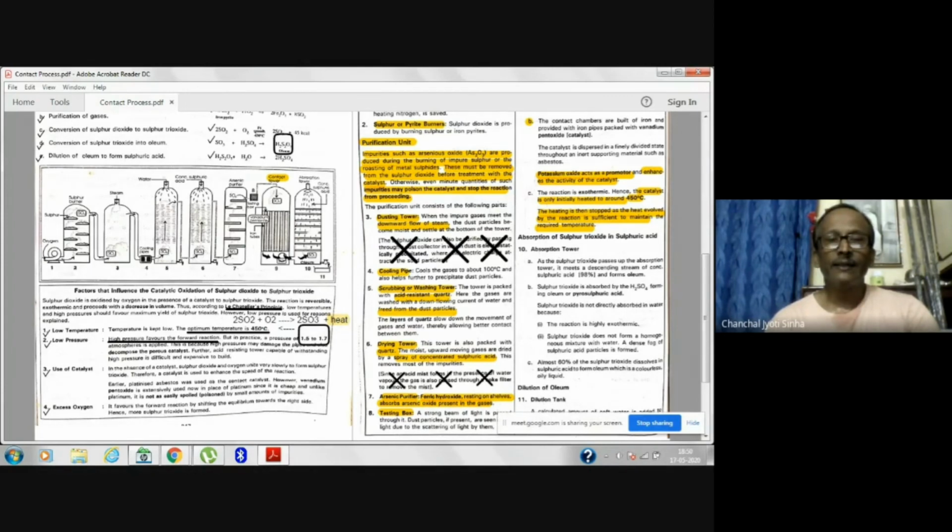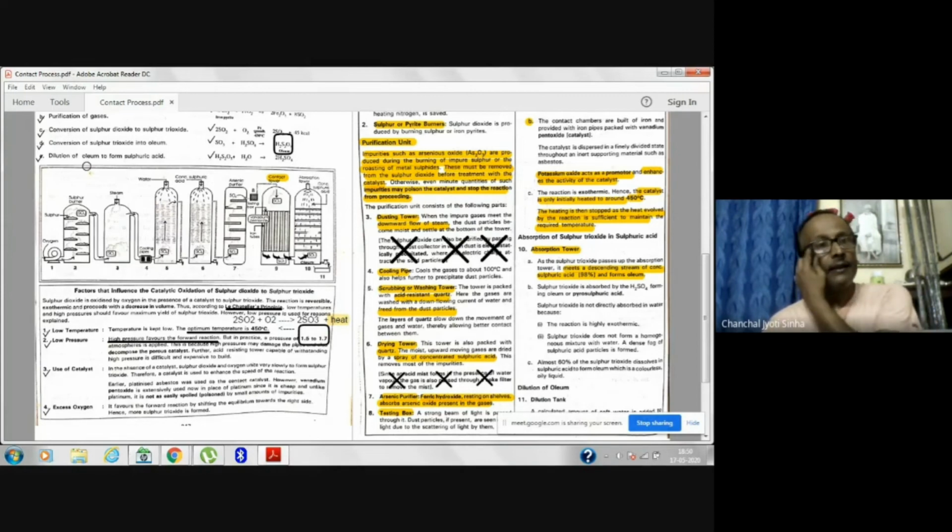These gases enter the absorption tower marked as 10. Here, when the gas enters the tower, it meets a descending stream of concentrated sulfuric acid, 98%, from above.